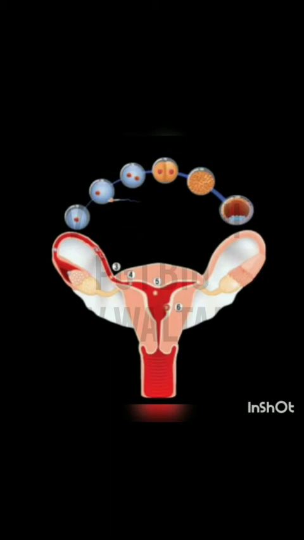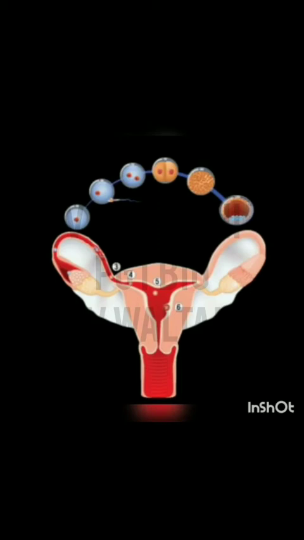So after fertilization, the next step is cleavage. The division takes place in the zygote, and then it reaches the stage called blastocyst, which is the stage at which it is attached, implanted or fixed in the endometrium of the uterus.